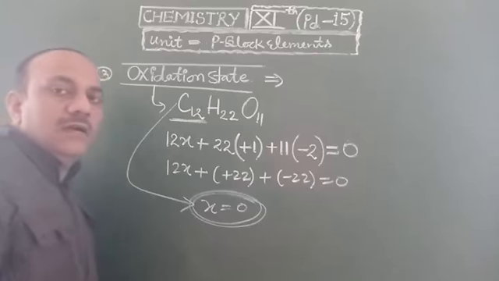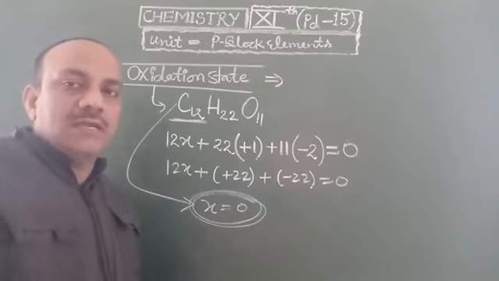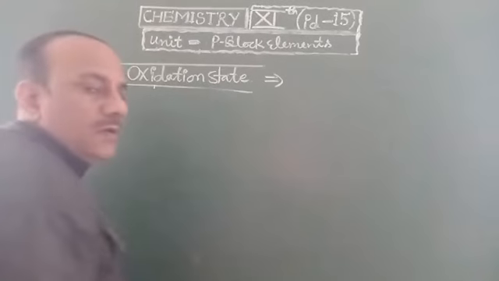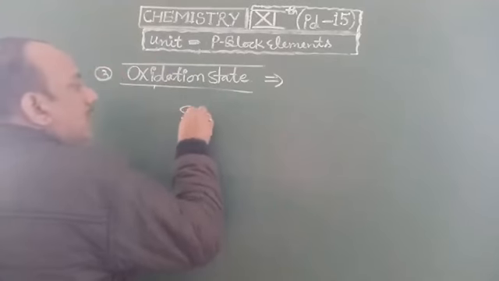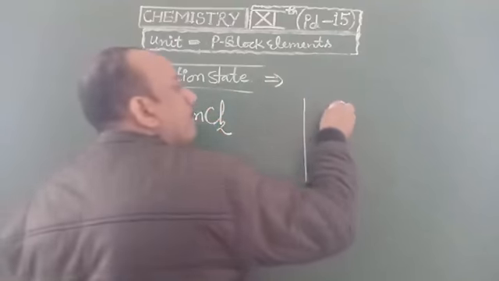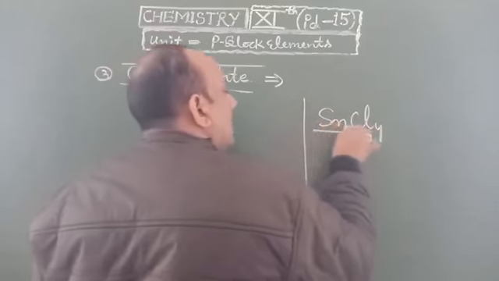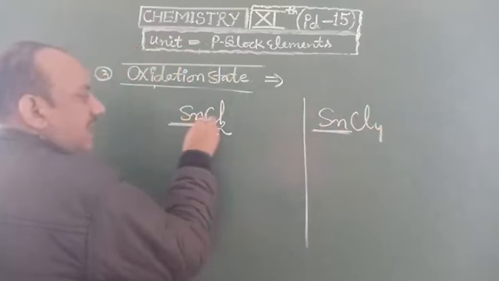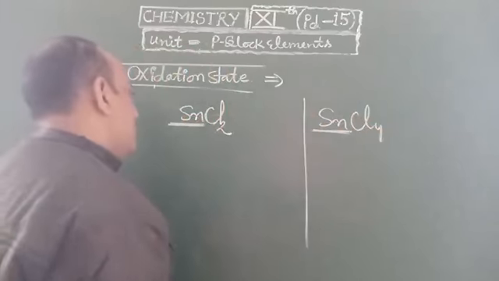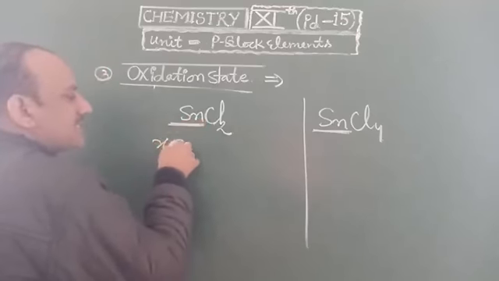Now we take two other examples to prove the oxidation state: SnCl2 and SnCl4, and we find the oxidation state of tin in both compounds. Here there is a single atom of tin, so we take x.